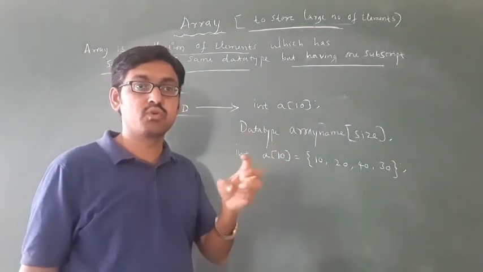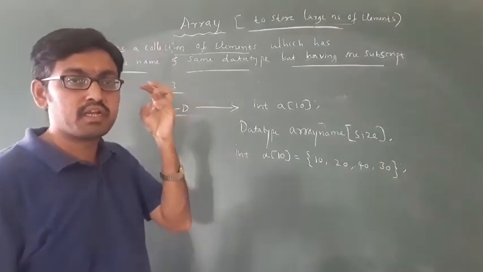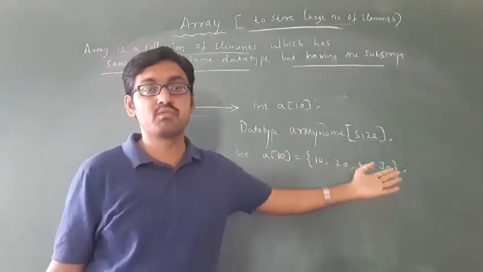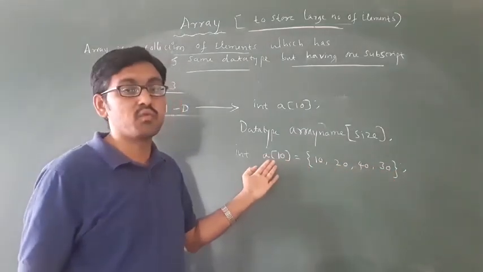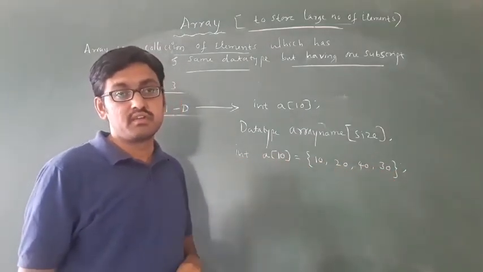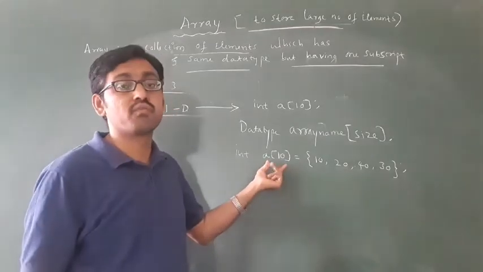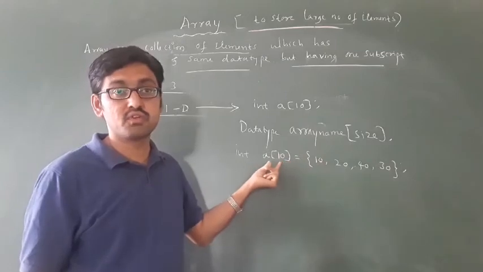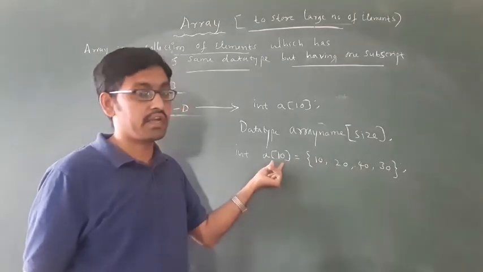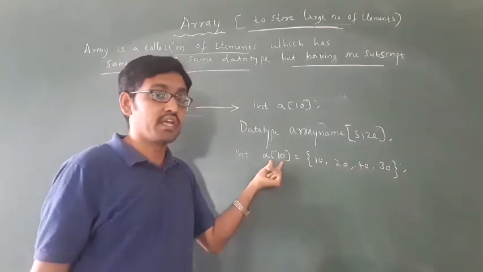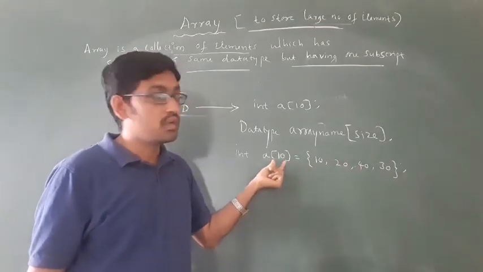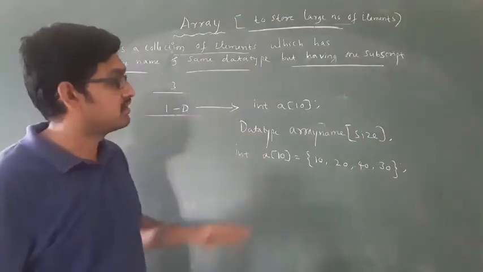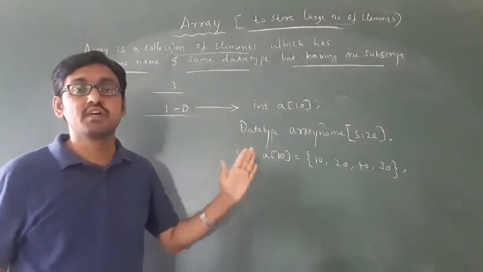Just keep in mind that in an array you can store a number of values. Okay, first value is always stored in a of 0, second value always stored in a of 1, third value stored in a of 2, fourth value stored in a of 3. Got it? This is about the initialization of an array.